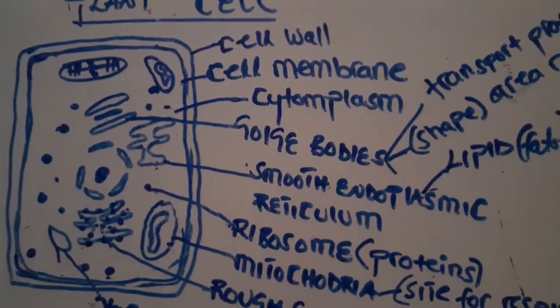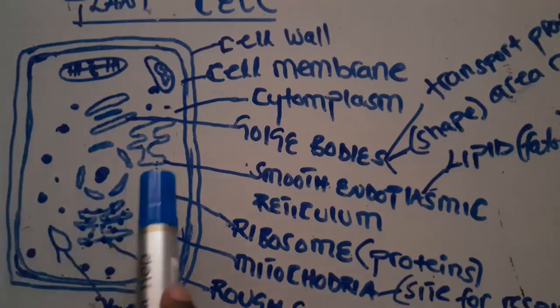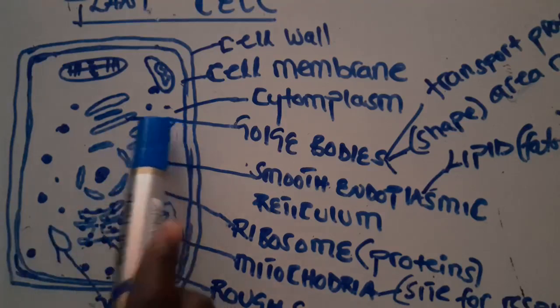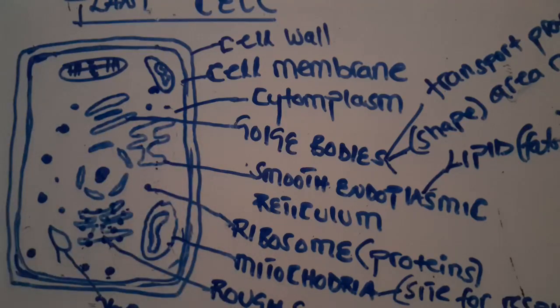We have also discussed the function of the endoplasmic reticulum, and we have said that the smooth endoplasmic reticulum is called smooth because it doesn't have ribosomes on it. Okay, they don't have what? Ribosomes.